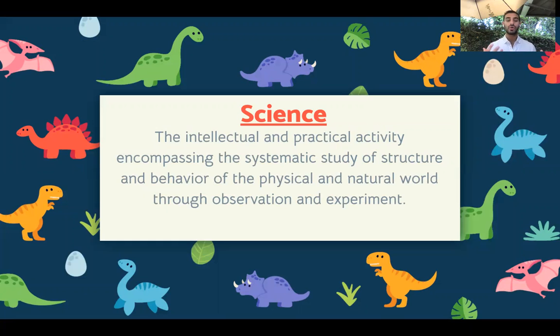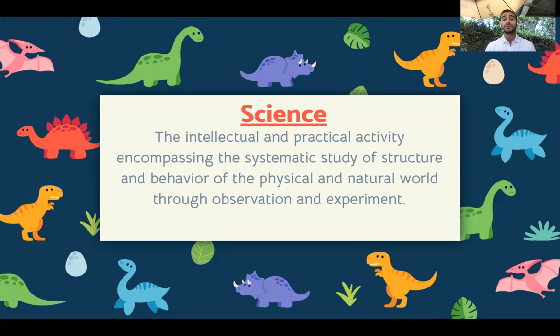So it's not only learning something, but it's practicing something that has to do with behaviors of things that we see, okay? And we do this practice by observing and performing experiments, asking questions about what we see in front of us, and then doing an experiment to kind of prove whether what we're thinking is right or wrong.